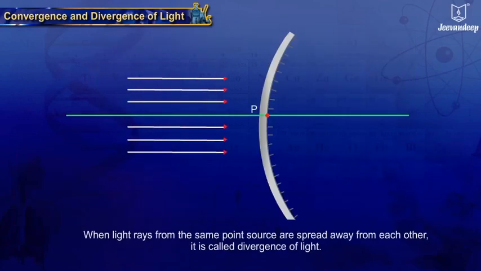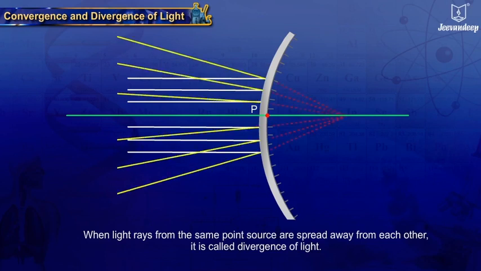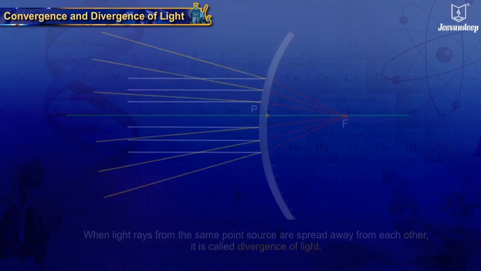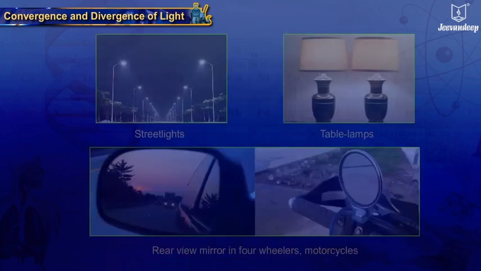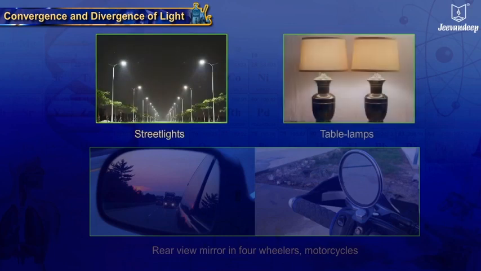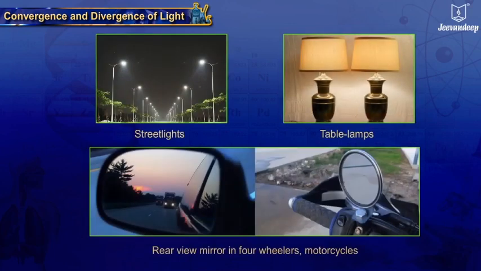When light rays from the same point source are spread away from each other, it is called divergence of light. When we want to spread light from a source, a diverging beam is used. For example, in street lights, table lamps, as a rear view mirror in four-wheelers, motorcycles, etc.